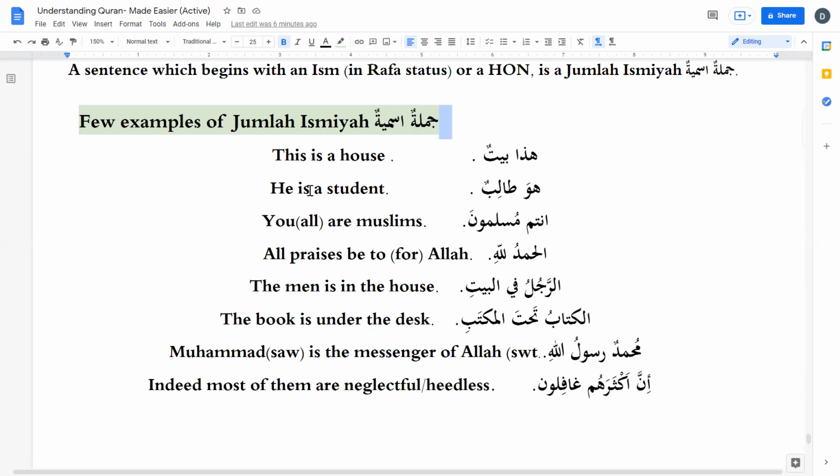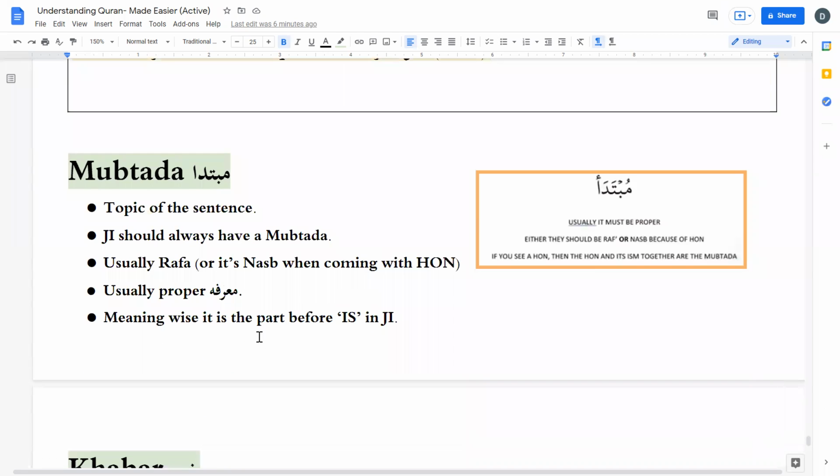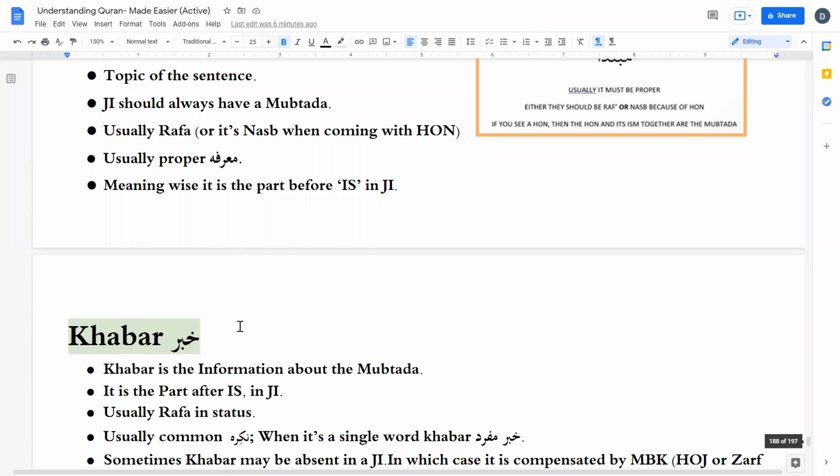R is like is. And then all praises, again mubtada before be. So is, are, be are the same, grammatically these are the same helping verbs, right? So meaning wise, if you look at the translation, the mubtada is the part before is in Jumlah Ismiyah. And then we have khabar.